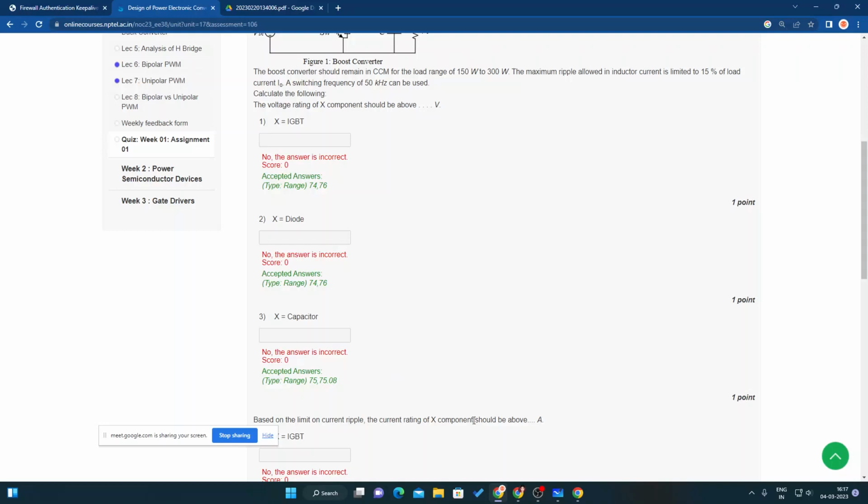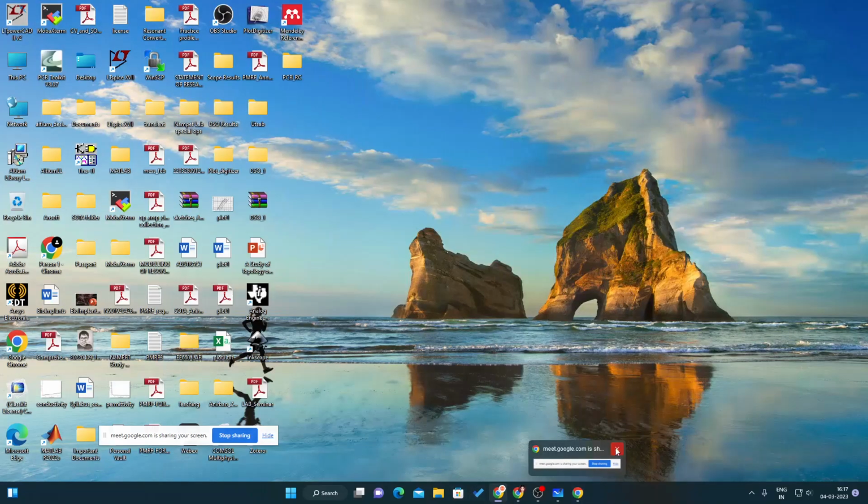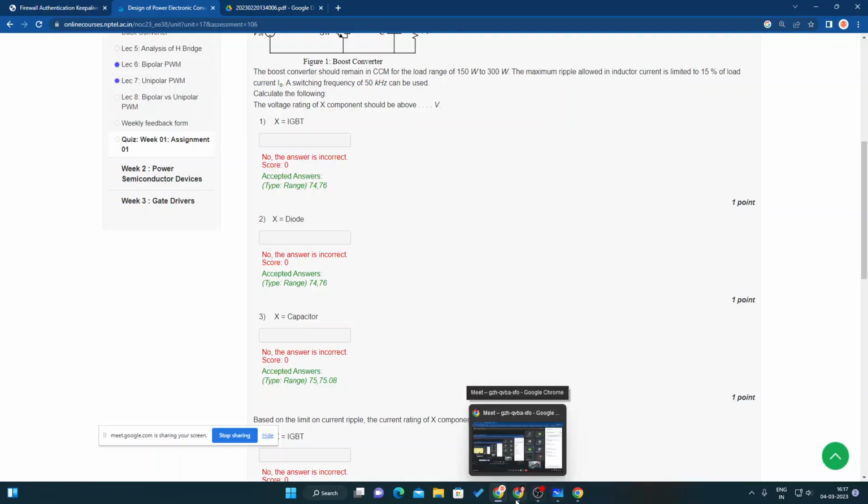Delta IL is coming out to be 0.6, so delta IL by 2 is the maximum ripple through the inductor, that is 0.3. So if we take average plus delta IL by 2, it comes out to be 10.3.